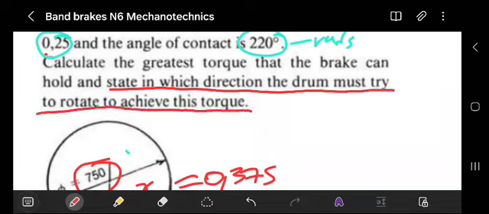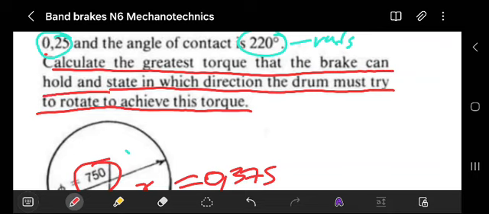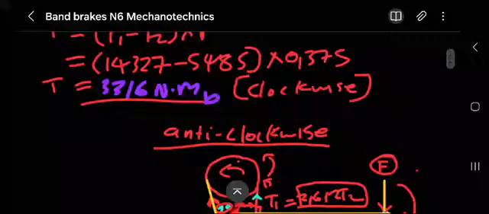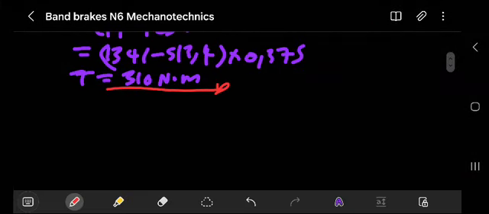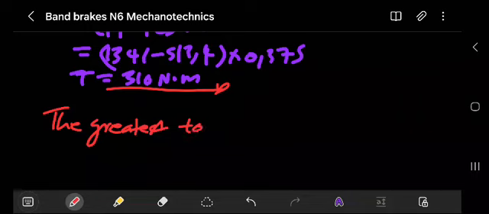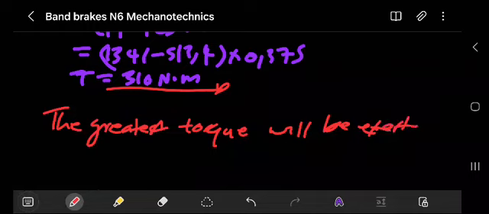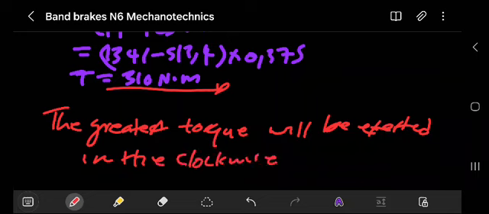So the greatest torque must be when we're taking clockwise. The greatest torque will be exerted or developed in the clockwise direction.